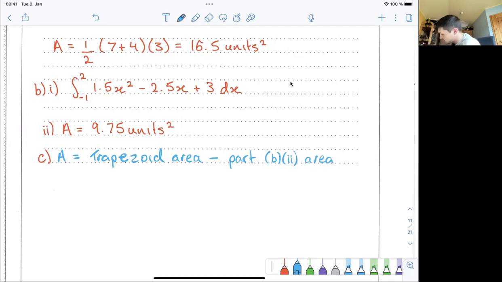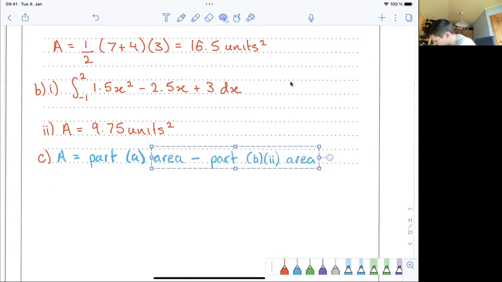In fact, how about we change trapezoid area to being just part A area? Let's write that in: part A area. Sweet, and then that would give us our answer.